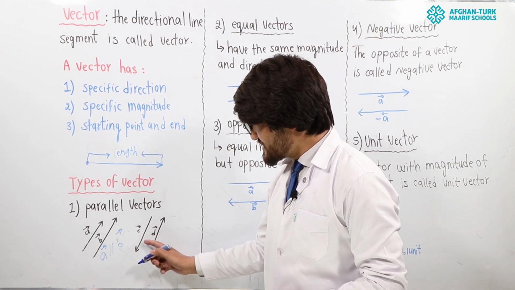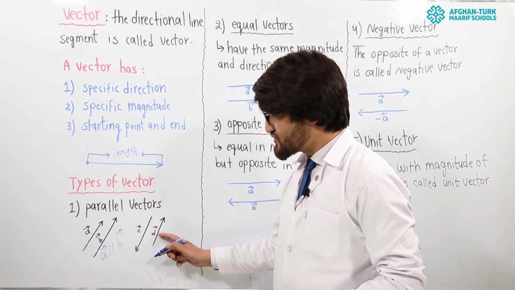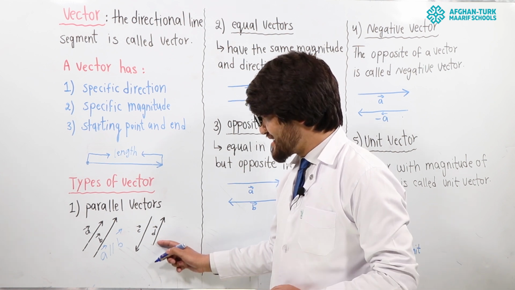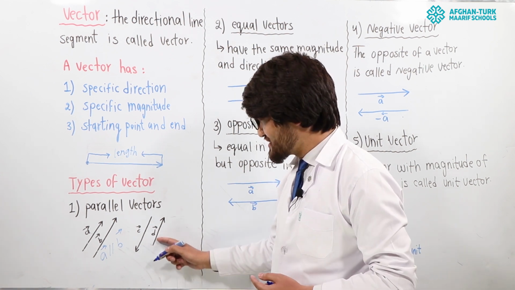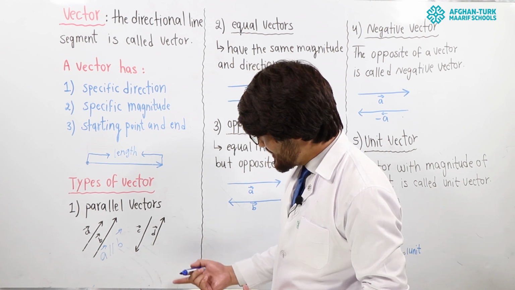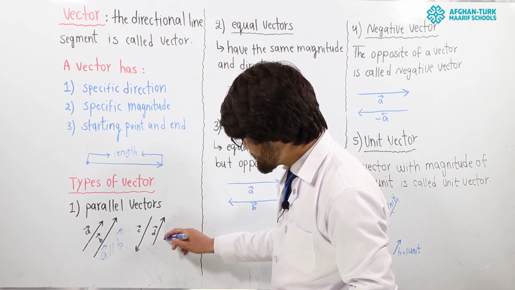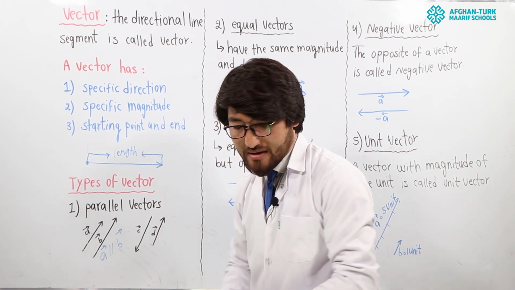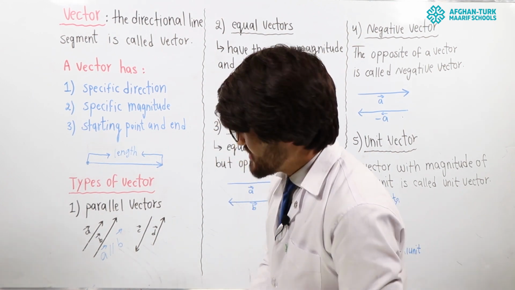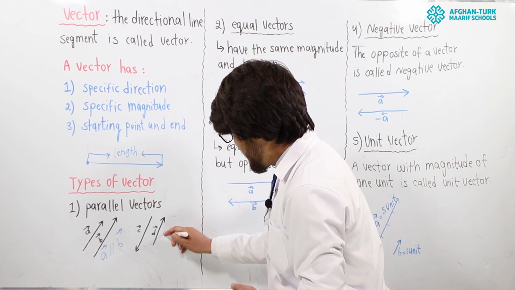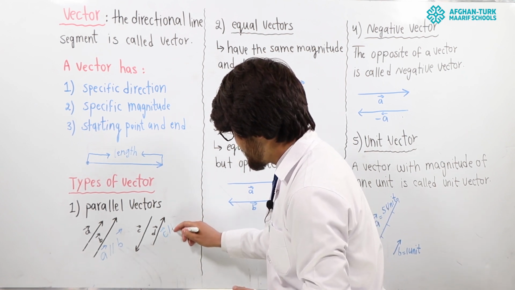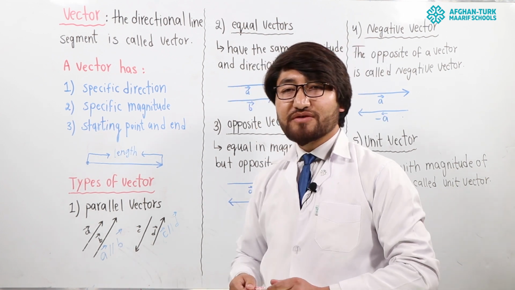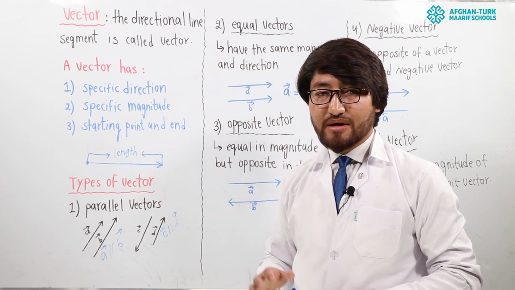Also, you can see vector C and vector D. The direction is not the same. It is opposite, and the magnitude is also different. We can say vector C is parallel to vector D. How to define a parallel vector?